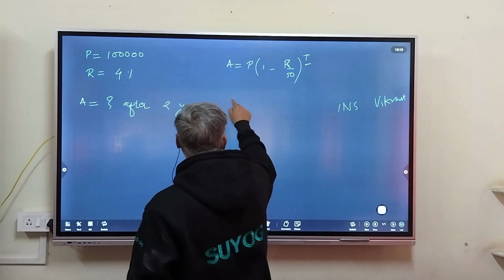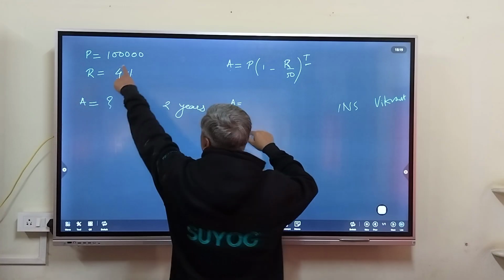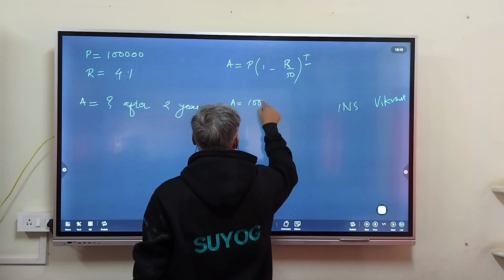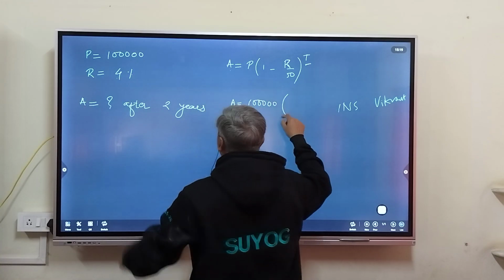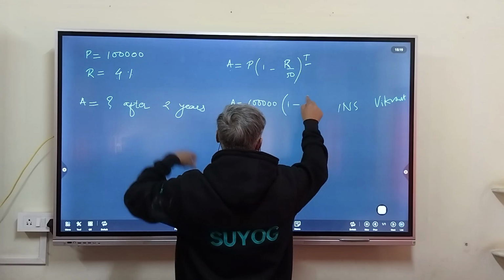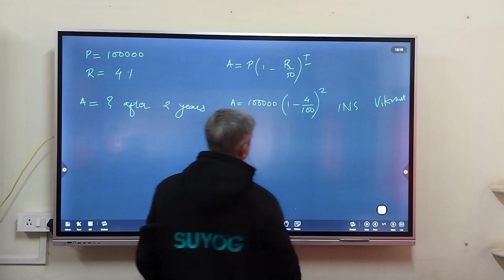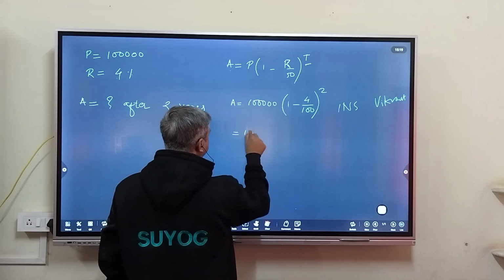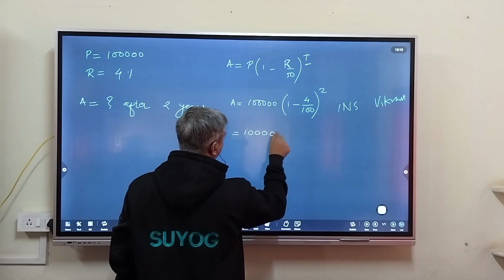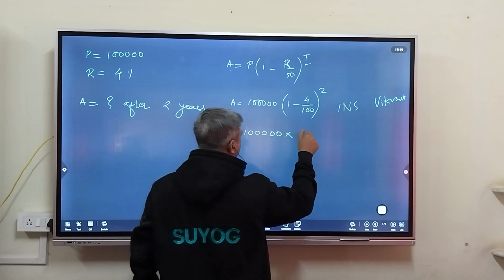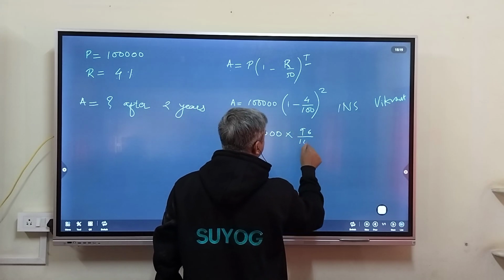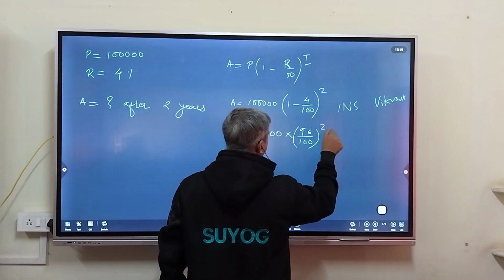So we will just calculate A is equal to 1 lakh, the principal, into (1 minus 4 by 100) whole square. 1 lakh into (96 by 100) square.